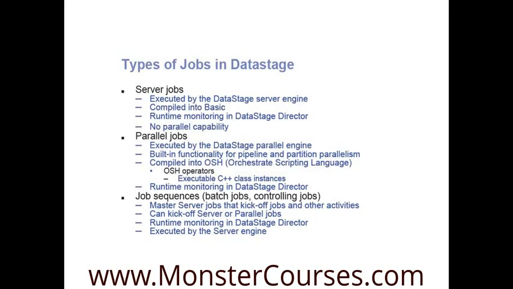I will explain why job sequences are needed with a simple example. Suppose we are in an environment where we receive some comma separated files from the mainframe system. The requirement is that for each and every month, the entire monthly transaction should come to a particular folder on a particular server.